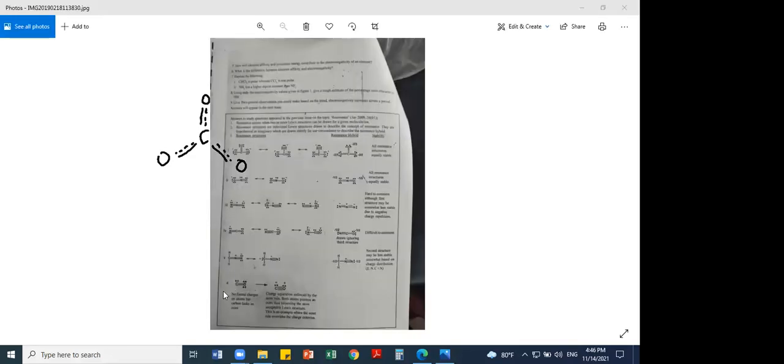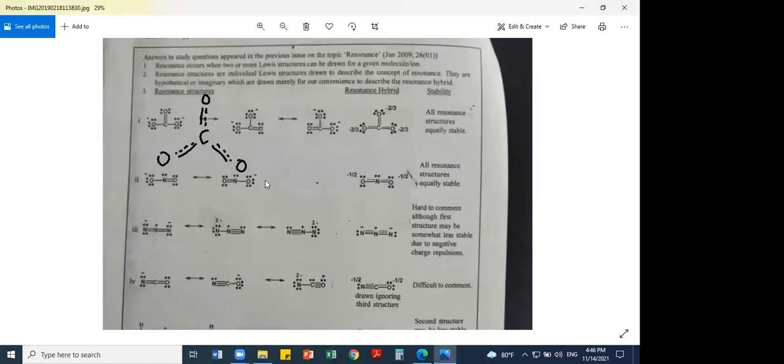Can you see the carbonate ion? Minus 2 over 3. This is the resonance hybrid of the carbonate ion. When all the resonance structures are equally stable, we can go for this. If you want, you can take a screenshot of this.